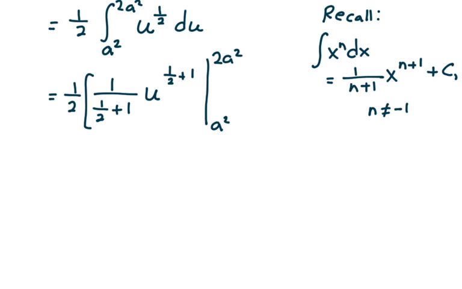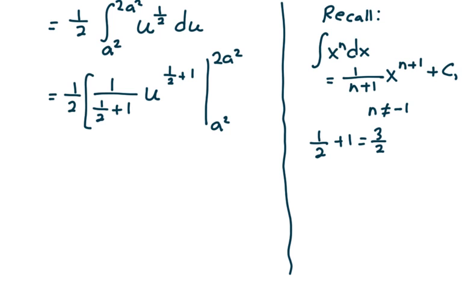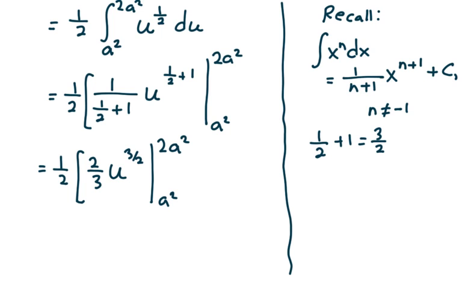Now, again, let's come off to the side. We're going to do a little side work here. 1/2 plus 1 is equal to 3/2, right? And so I'm going to take the reciprocal of 3/2. So that's 2/3, u to the 3/2 evaluated from a squared all the way up to 2a squared.